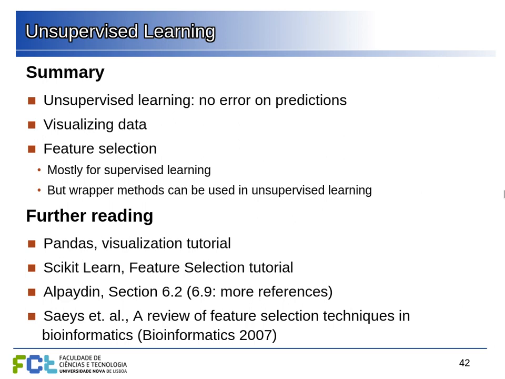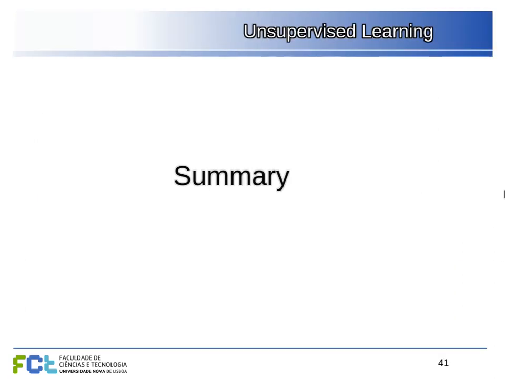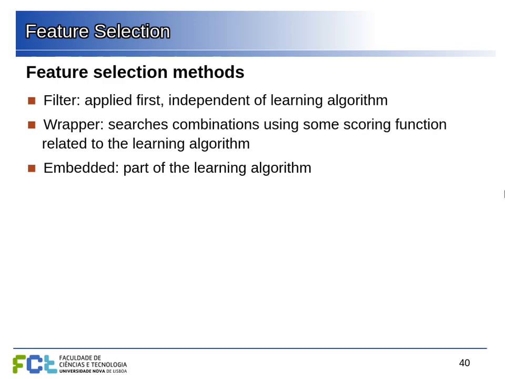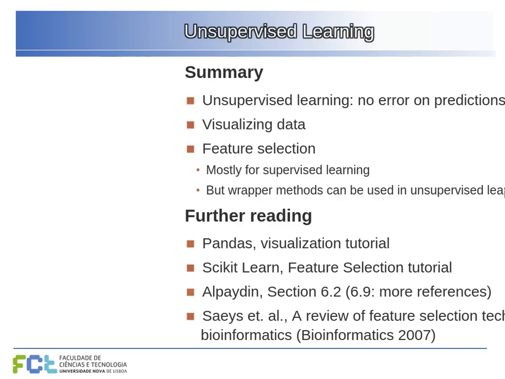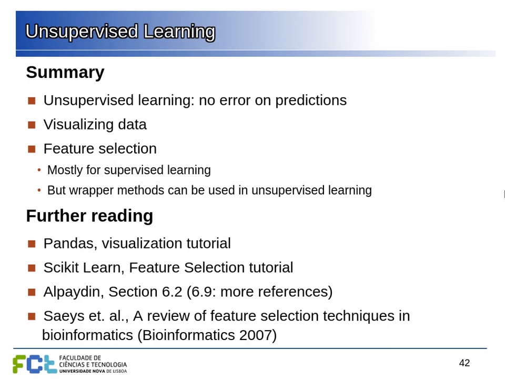It's useful to look at it this way. You also have a feature selection tutorial in scikit-learn, and this kind of taxonomy for feature selection, filter, wrapper, and embedded, I took from this paper on feature selection techniques in bioinformatics, so if you want more details, you can look that paper up.